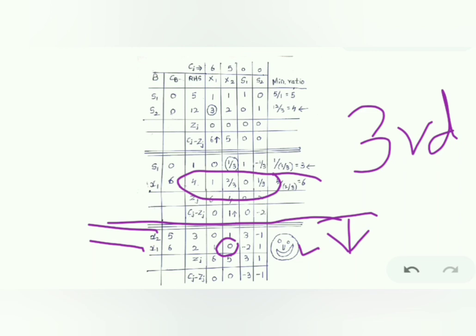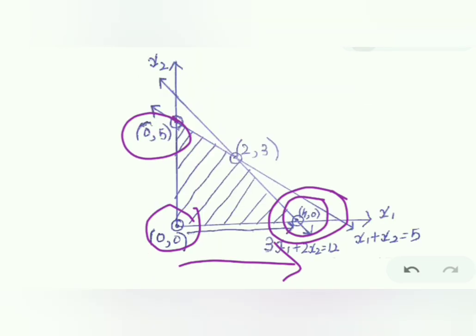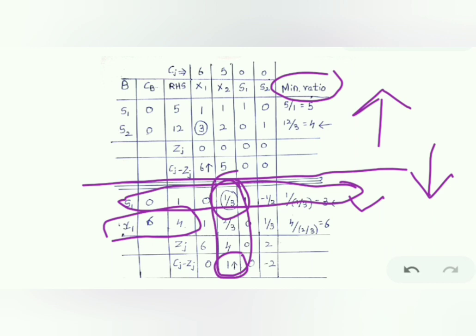Now the basic variables for X. See, actually there was one point to be noted. Why has x2 come in the place of s1? Let me go to the past second iteration.